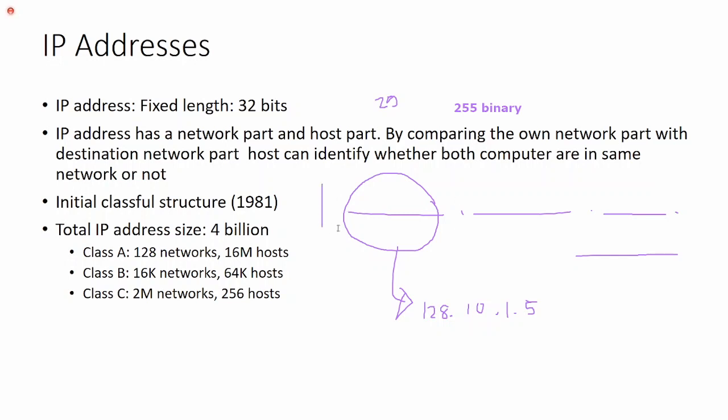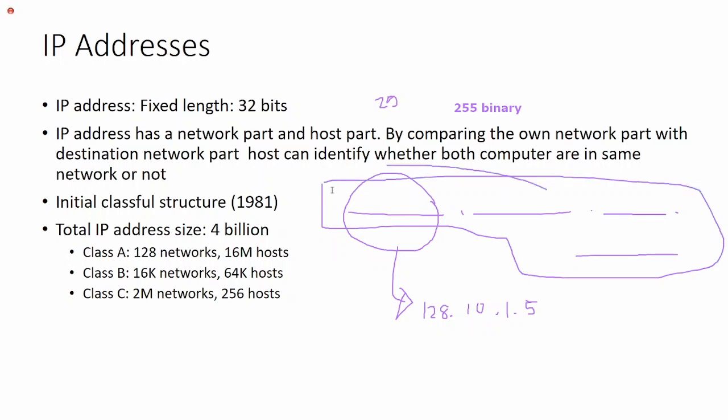So if you take this IP address all together, there is a way: one part is given as the network address and the other part is given as the host address, right? It is like this. Now, let's say you have an address like this: 128 Samagi Lane, right?